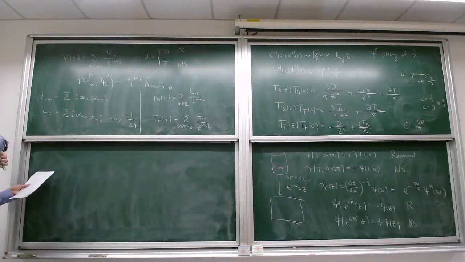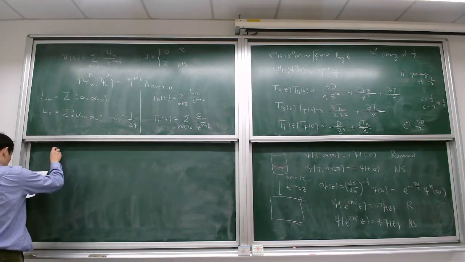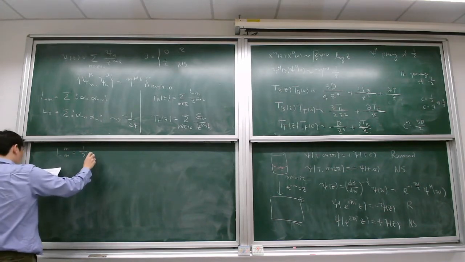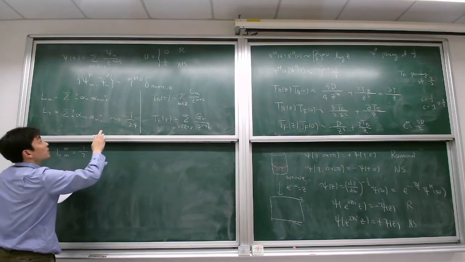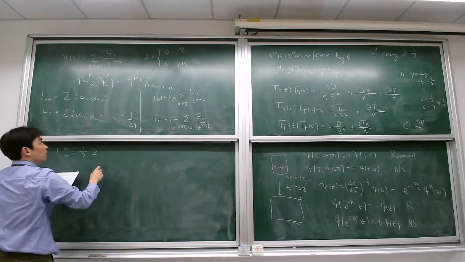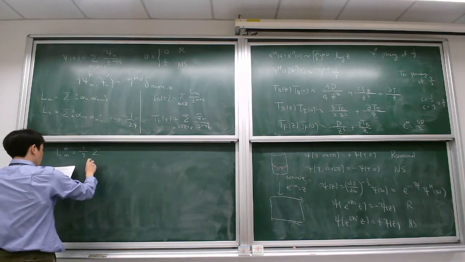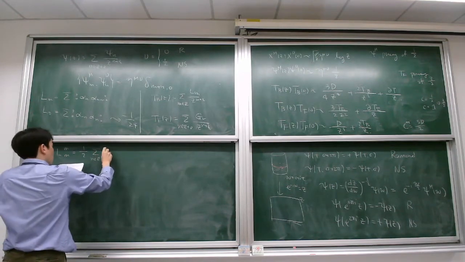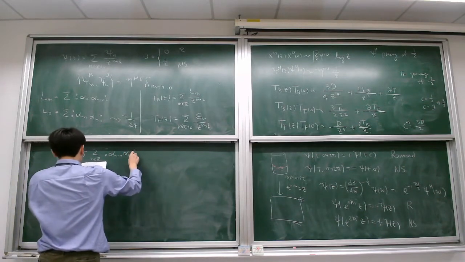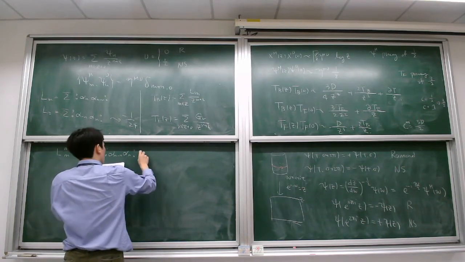Then it's a straightforward exercise to compute the mode expansion in terms of alpha and psi. From the expression, you can just get the mode expansion. But the ambiguity shows up again for the zero mode.